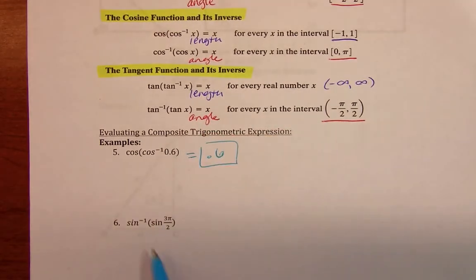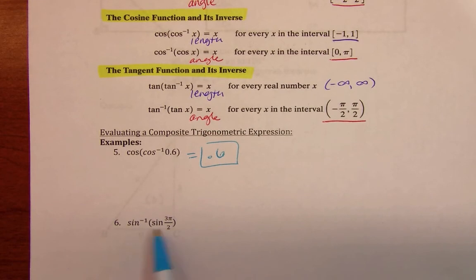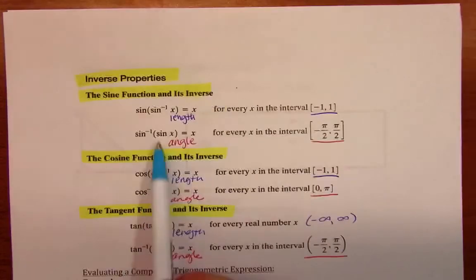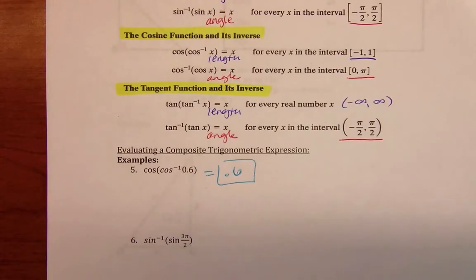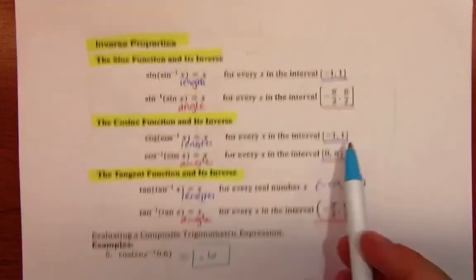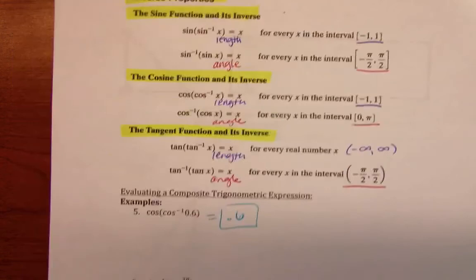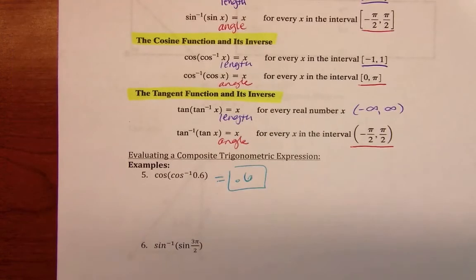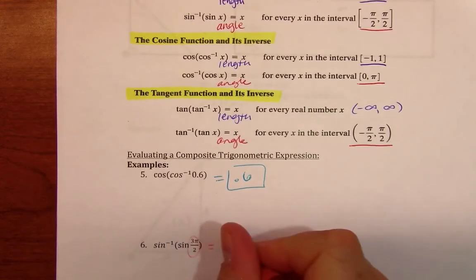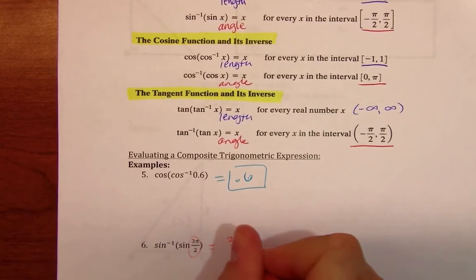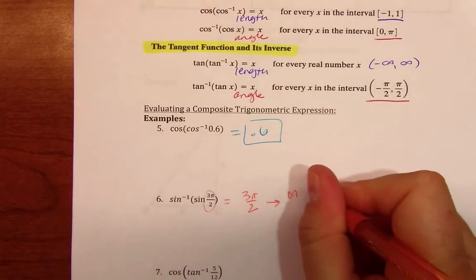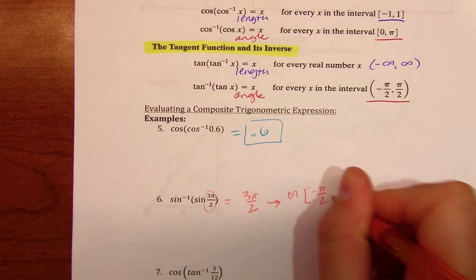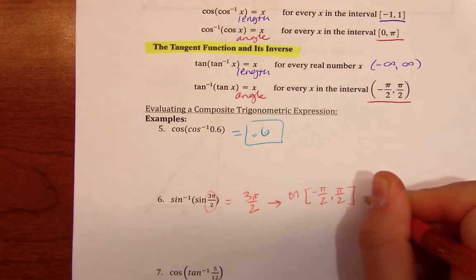Now here we have inverse sine on the outside, regular sine on the inside. So we should be getting an angle between -π/2 and π/2. So we can't just say 3π/2 because that's not on this domain. So what I'm going to do is first say, well, it's just equal to x, which is 3π/2, but it needs to be on the domain -π/2 to +π/2.